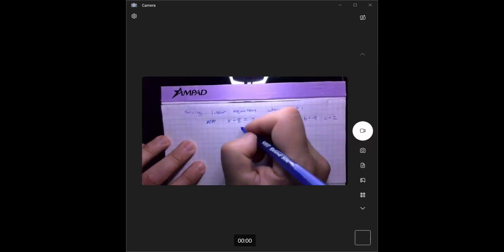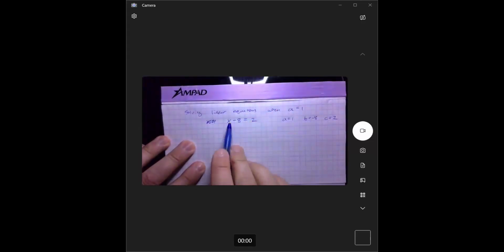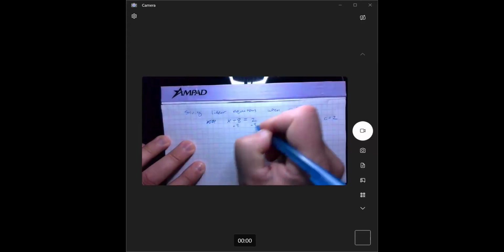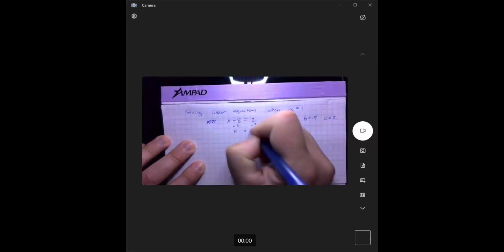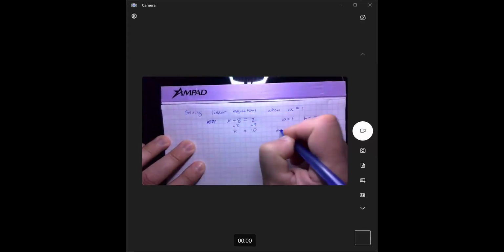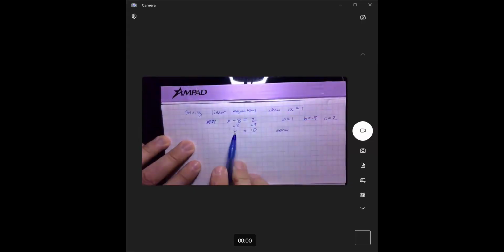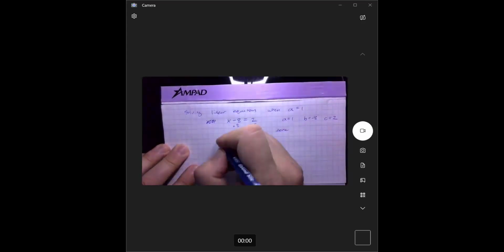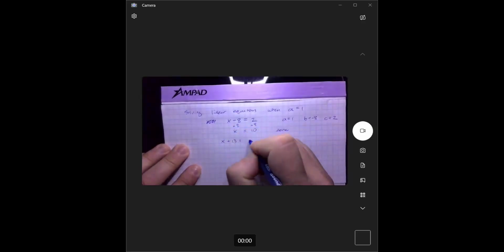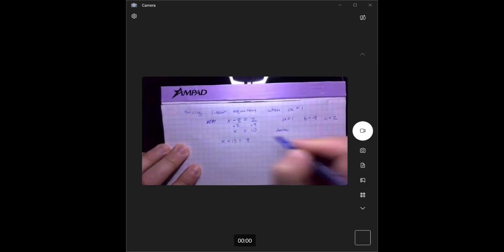And as I showed you before, to solve that, we want to get all the x's on one side and all the numbers on another. So let's add 8 to both sides, and we have that x equals 10, and we're done. We now know when x is 10, this linear equation is true. Or it could be something like x plus 13 equals 8.